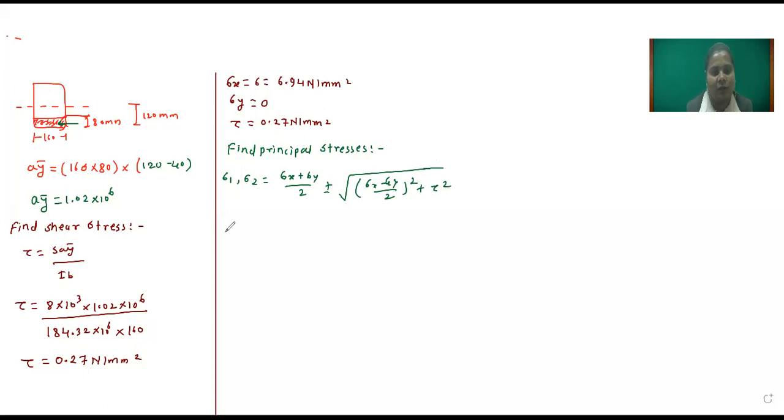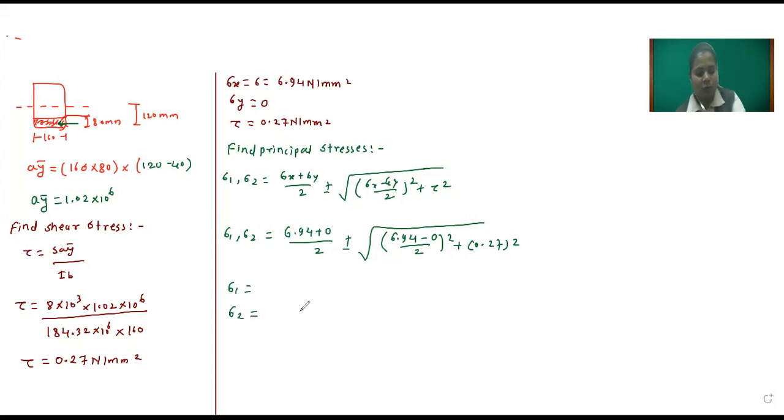So now we will put in the values. Sigma 1, sigma 2 is equal to (6.94 plus 0) divided by 2 plus minus square root of ((6.94 minus 0) divided by 2) whole square plus 0.27 square. So you calculate and tell me sigma 1 and sigma 2.